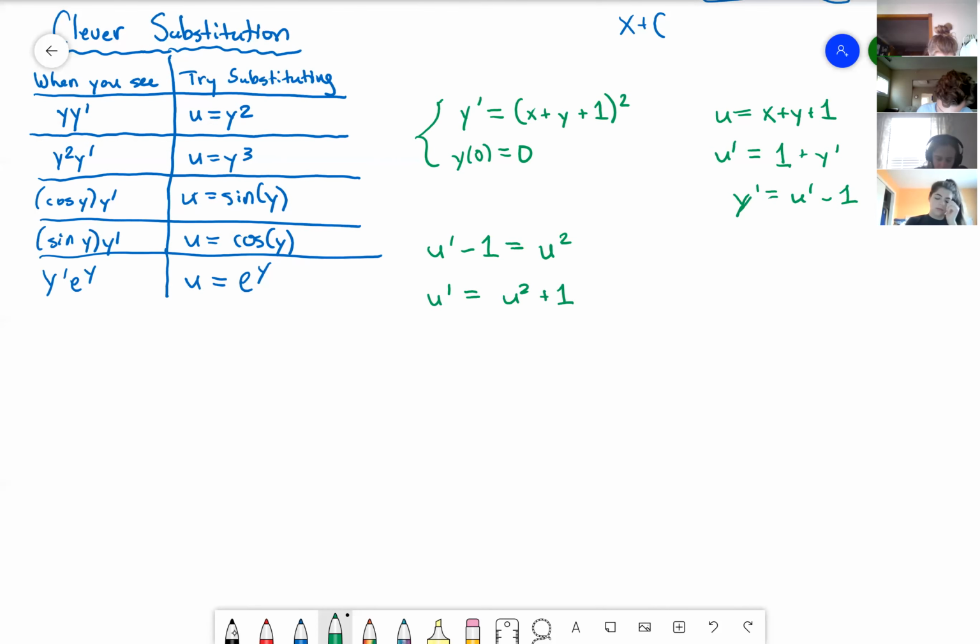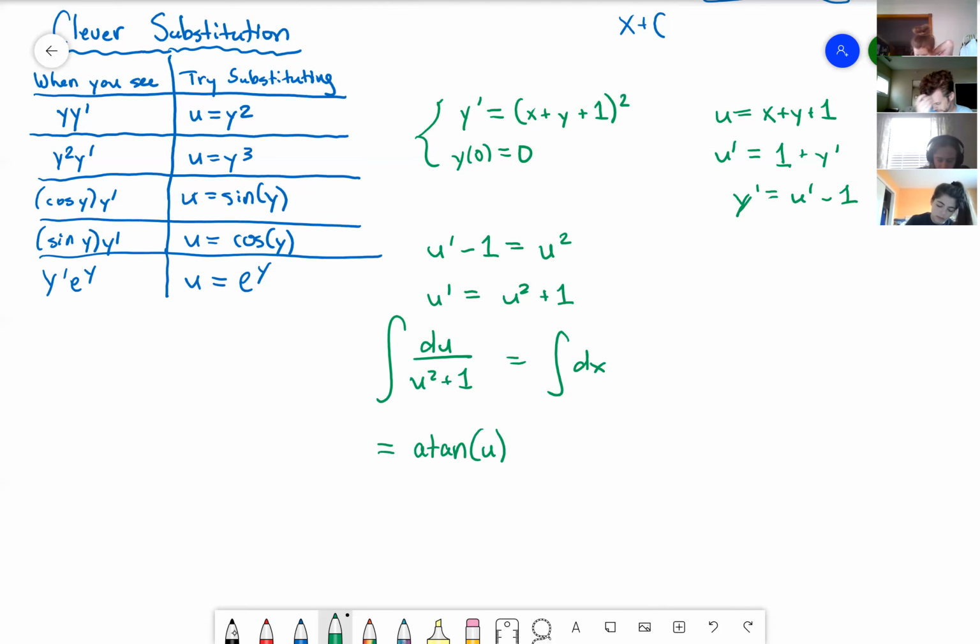And so what I get for this is that on the one side I have du over u squared plus 1, and on the other side I have dx. I'll integrate both sides. So on the left-hand side, I get the famous integral that gives us arctangent of u, sometimes written as tangent inverse, but as you'll remember, it's not really an inverse.